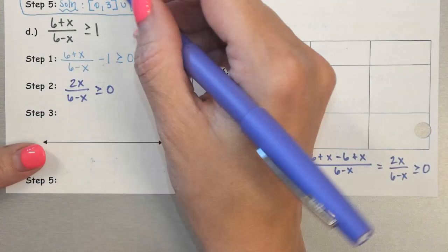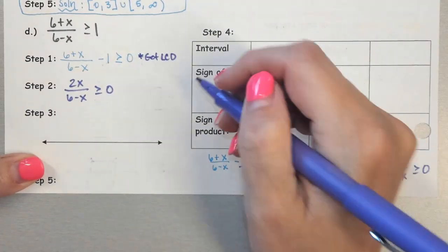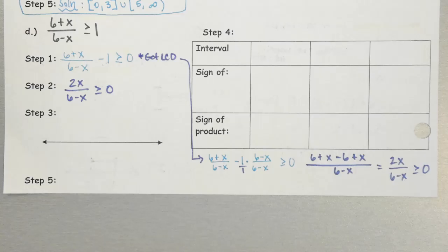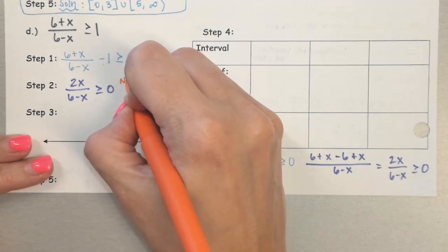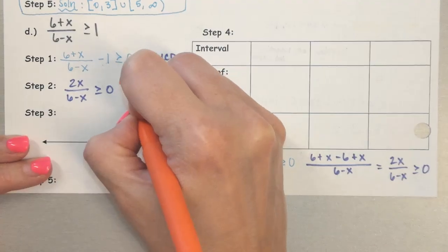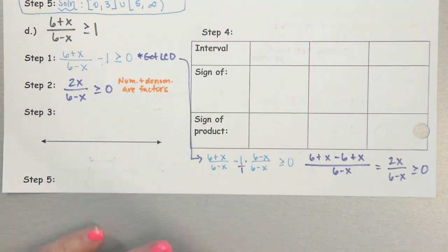So what we did here is we got the LCD, which we did. Then our factors are the numerator and denominator. Whatever you're dividing by, those are the factors.